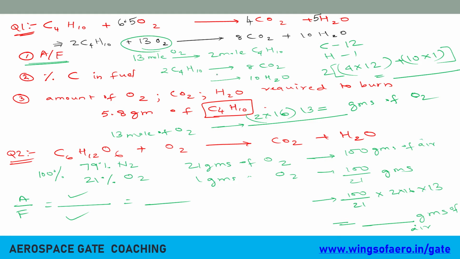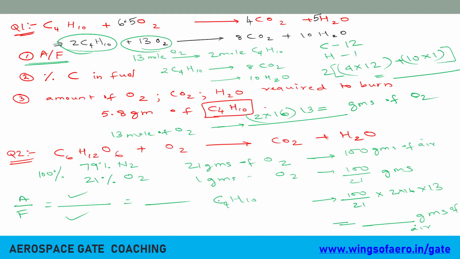And talking about the percentage, how can you find it? What is the number of carbon atoms you have? Just check alone, because as they have asked only the percentage with the fuel, you don't have to consider the mole part. So you have to see C4H10 in this fuel, what is the percentage of carbon?